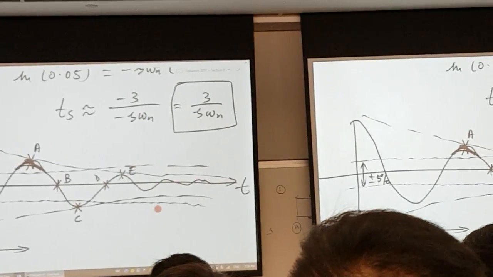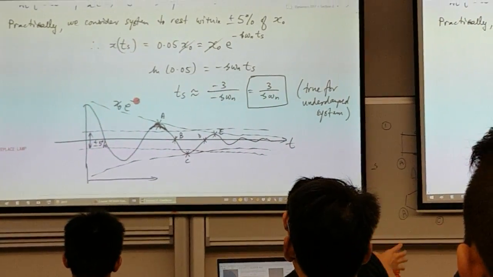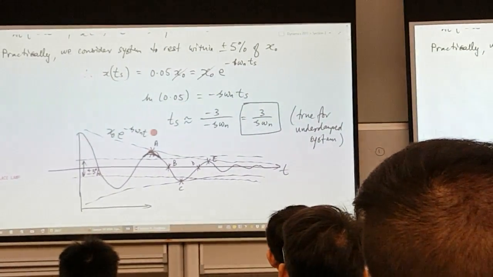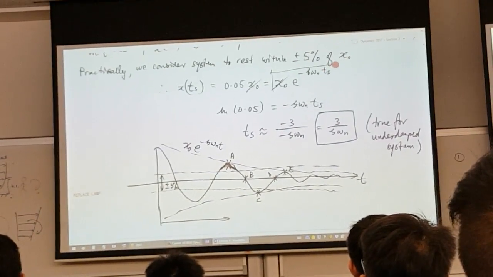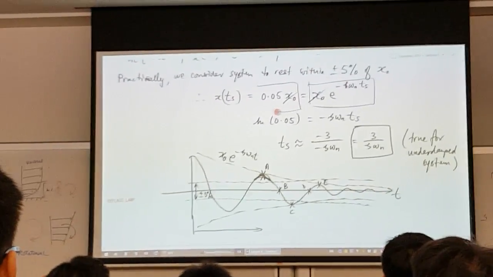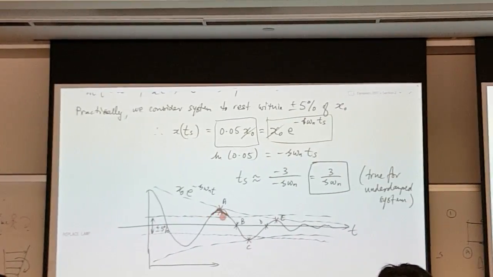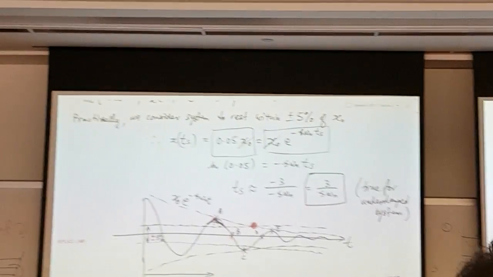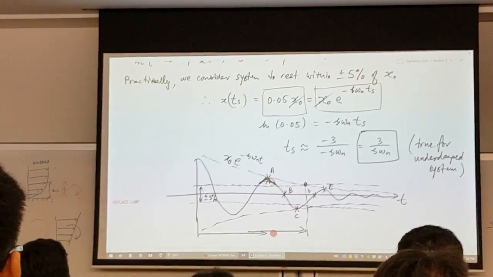Why is that so? Over here, x naught, this equation, isn't it equal to this dotted line? And this equation is actually this line over here. So it's actually the intersection of these two that is your settling time here.